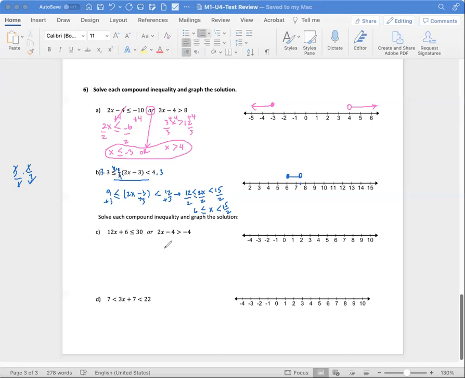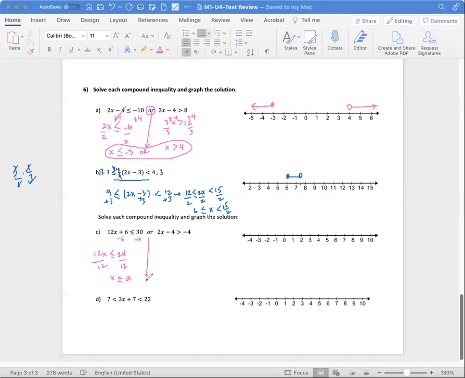Now, for part C, again, you have an OR. So you start by subtracting 6 from both sides. You get 12x is less than or equal to 24. Divide by 12 on both sides. You get x is less than or equal to 2.